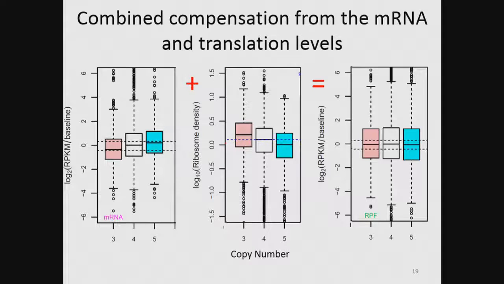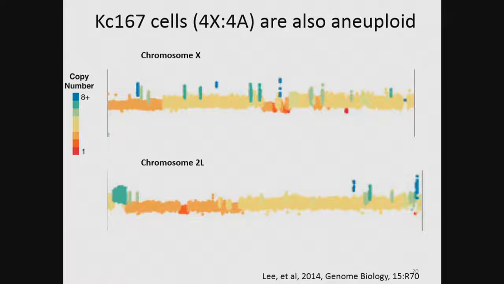Now we want to know how general this phenomenon is in different cell lines or tissues. This is limited by what data we have, but luckily we can get the data for the KC167 cell line. This is different from the S2 cell line. This cell line represents a female genotype, and is also tetraploid.